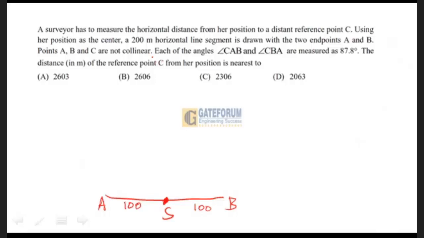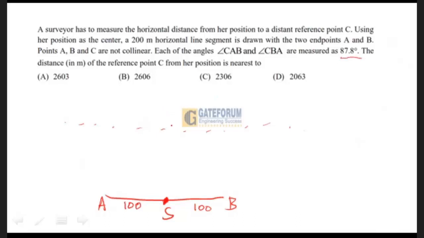So the surveyor has to measure the horizontal distance from her position to a distant reference point C. So C must be somewhere along this. Points A, B, C are not collinear, never will they be. Each of the angles CAB and CBA are measured as 87.8 degrees, which means they're equal.